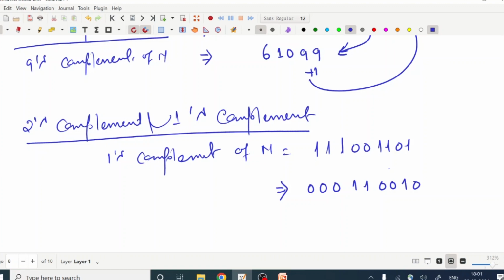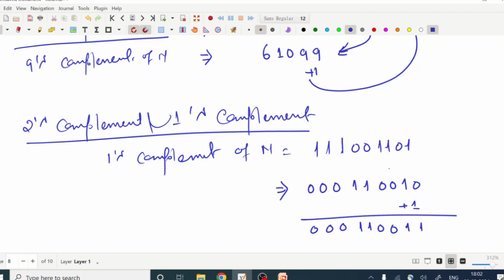For finding the 2's complement of number n, we simply add 1 to this 1's complement, and we find the 2's complement, that is 0 0 0 1 1 0 0 1 1. This is nothing but, starting from the unit place up to the first non-zero digit, the digits are as they are, because when the first non-zero digit comes, it is subtracted from 2 in the case of the r's complement, or 2's complement.